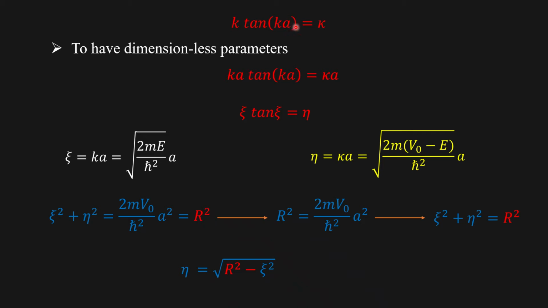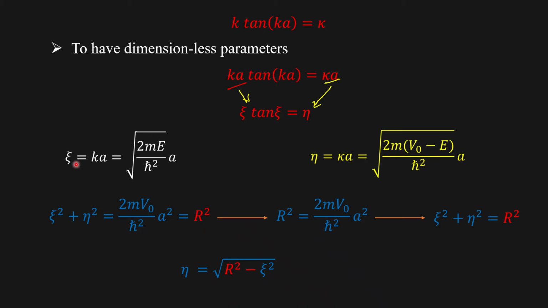Naturally, the argument of a sinusoidal term must be dimensionless because we are writing it in a power series. So this can be written as ka tan ka, which is equal to kappa a. This ka you can keep as z. This kappa a is equal to eta.